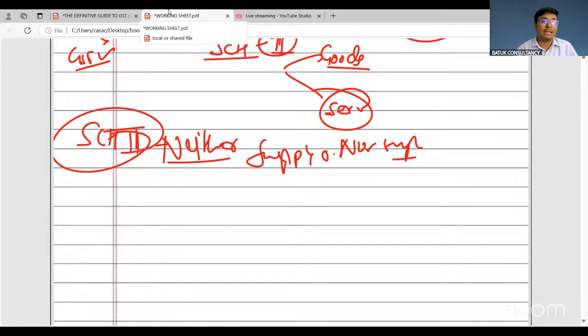And schedule number 3 is neither supply of goods nor supply of services. There may be certain goods or transactions which will not be treated as supply of goods or services. Hence, the government has given a specific schedule, schedule number 3, that is neither supply of goods nor supply of services.